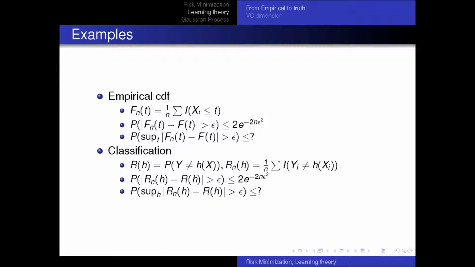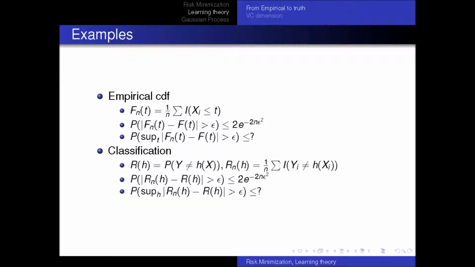So this is a very small number. At least it's exponentially decreasing with epsilon, with n. So this is a nice thing we can say about our estimated CDF. But this is only for one point t.